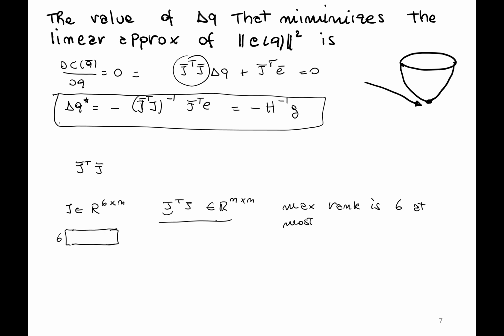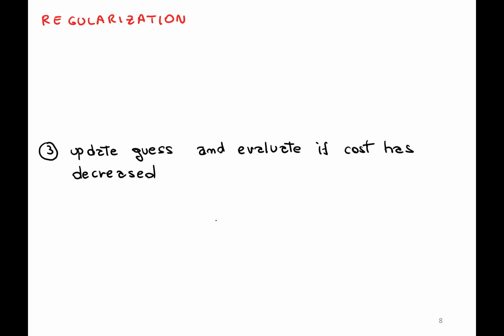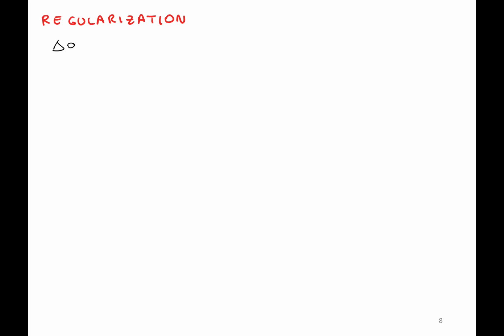And the way people do it is to do regularization. They add to this Hessian an identity matrix multiplied by a small scalar that makes this matrix always invertible and positive definite.